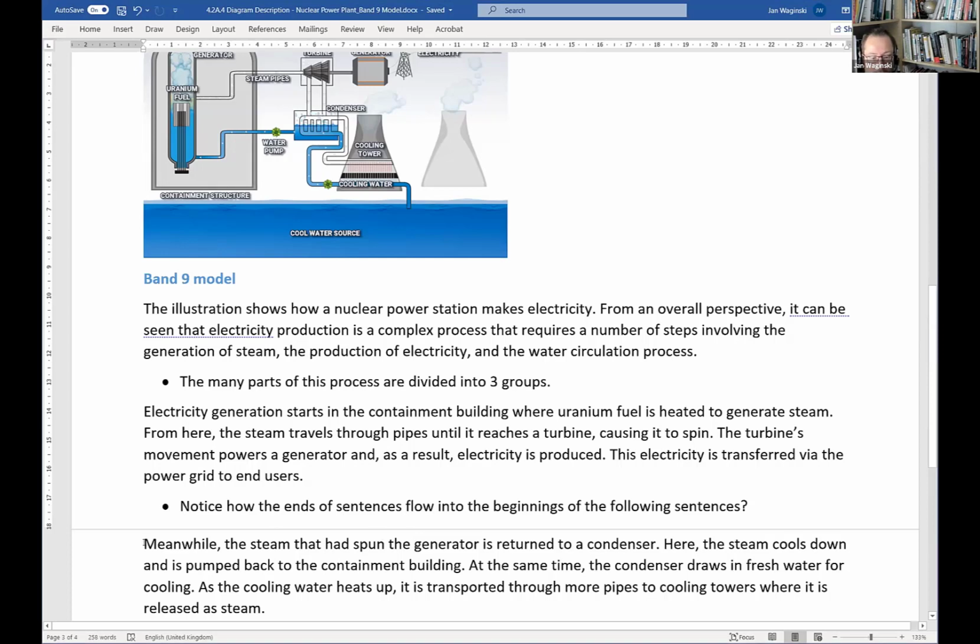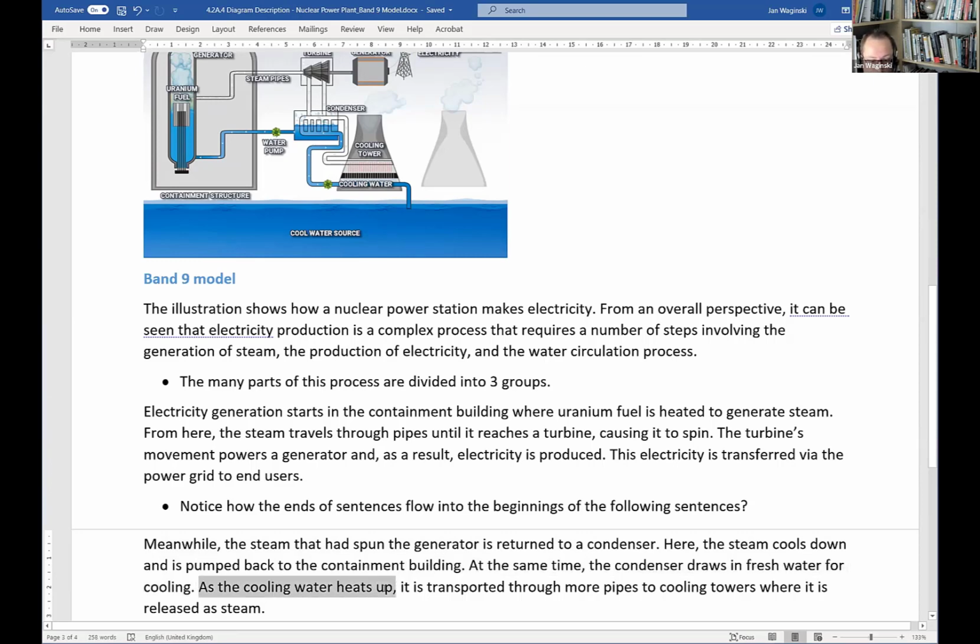Okay. Meanwhile, the steam that had spun the generator is returned to a condenser. Here, that's in the condenser, the steam cools down and is pumped back to the containment building. Okay, but here it goes in two directions. So there's like a break here. At the same time, that's why we use this transition, the condenser draws in fresh water for cooling.